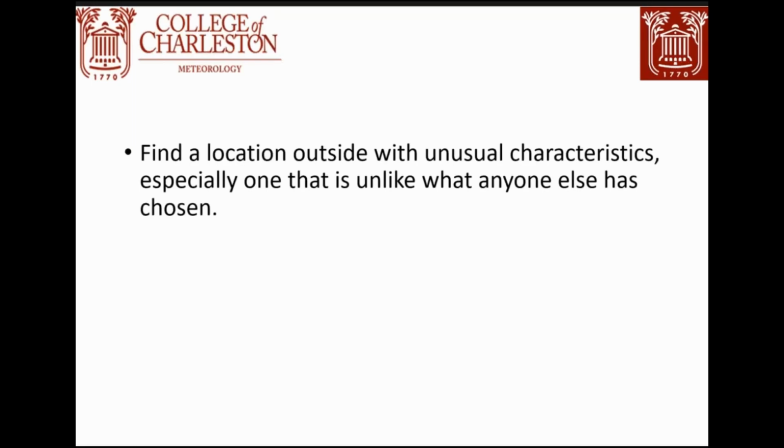So to conclude this video, these devices, the Pascal wireless weather stations, are ideal for investigating microclimates, small-scale climatic fluctuations that can happen in your local area. So what I would suggest is to find a location anywhere outside that has some unusual characteristics, especially one that is unlike what anyone else would have chosen, such as the National Weather Service.